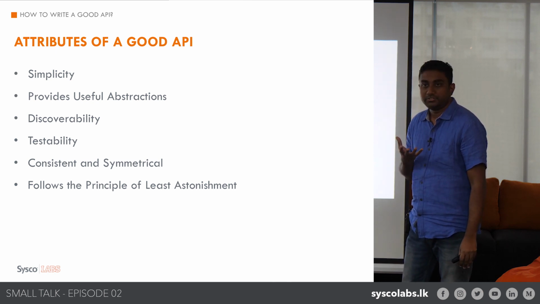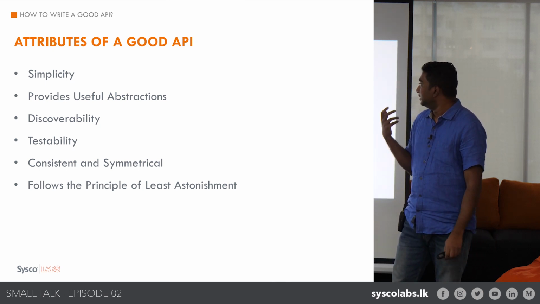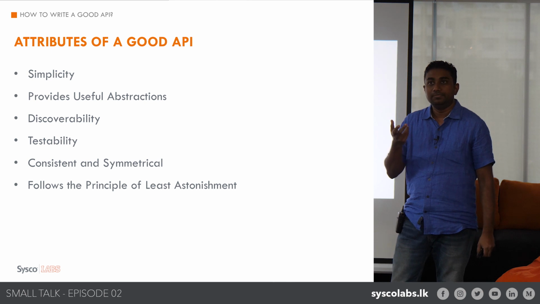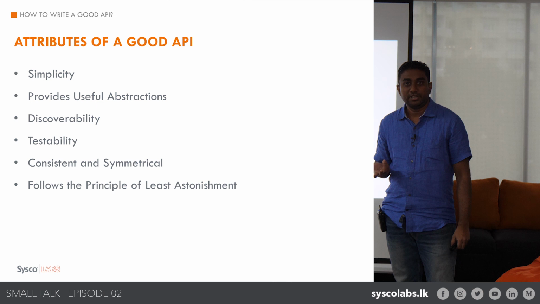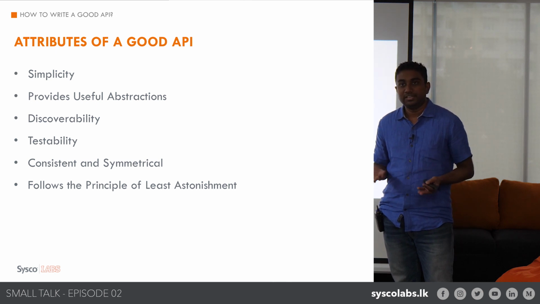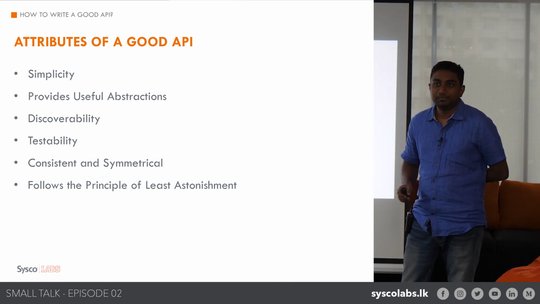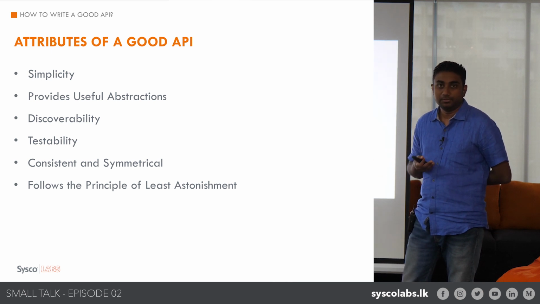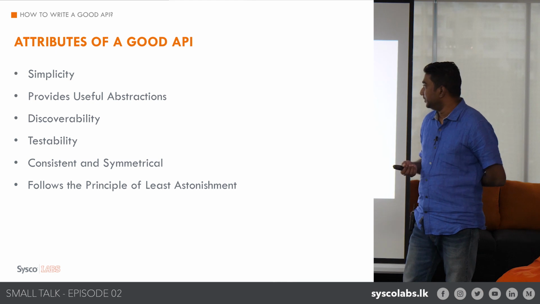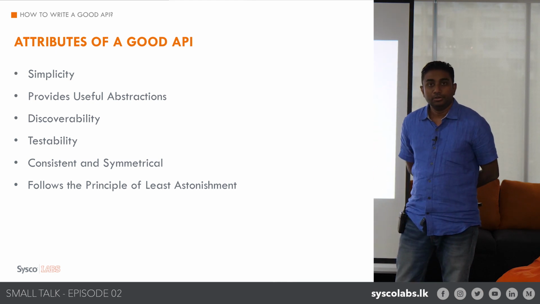If you think about simplicity, be it a REST API or a library API, things like method names, the amount of parameters, the query parameters that you have, the format that you return your data in, those things need to be simple. To make things simple is really difficult when you have complicated backend stuff, when the functionality that you're exposing through the API is complicated. And the usage of abstractions goes with that as well.